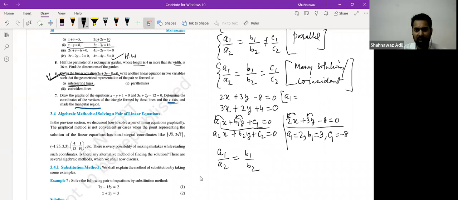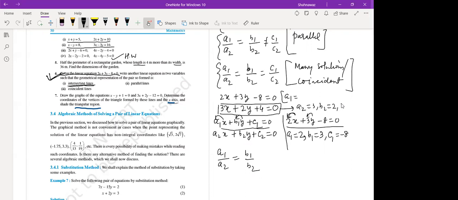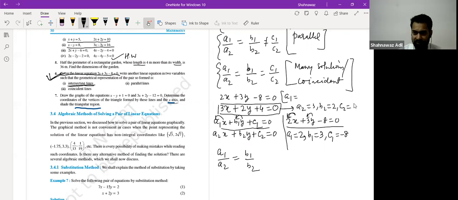So I have written this as the second equation. For this, A2 is equal to what, Rizwan? 3, right? And B2 is equal to what? 2. And C2 is equal to 4.